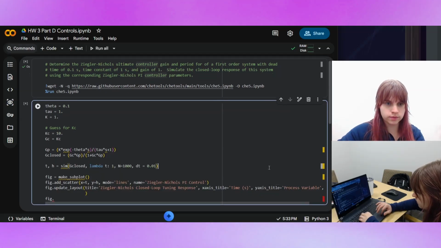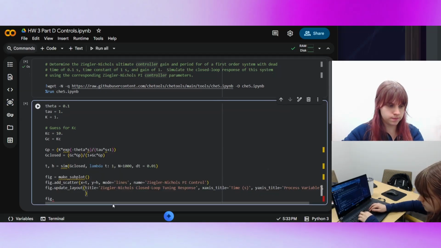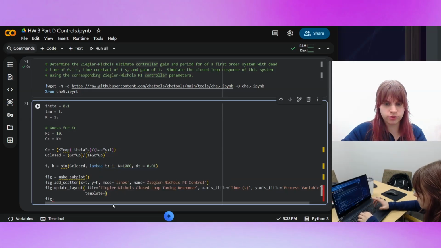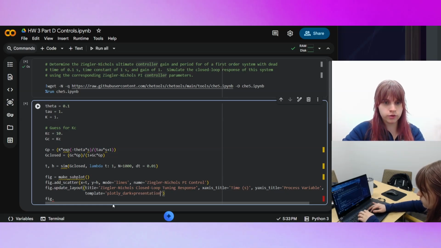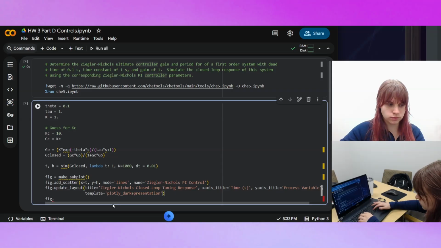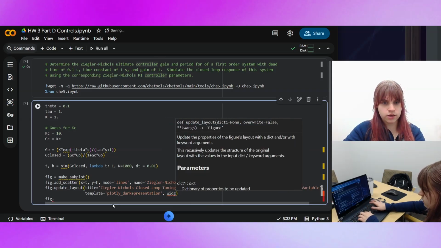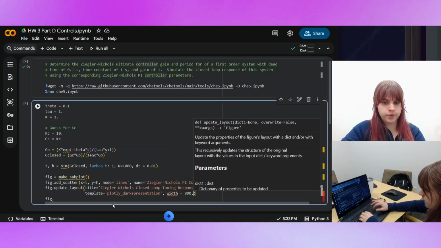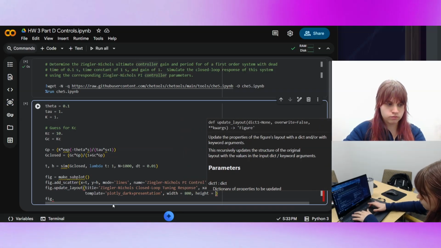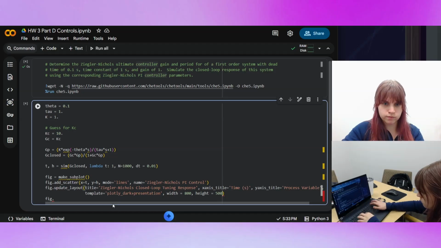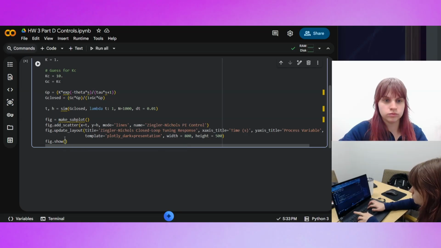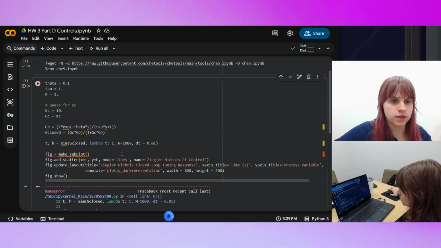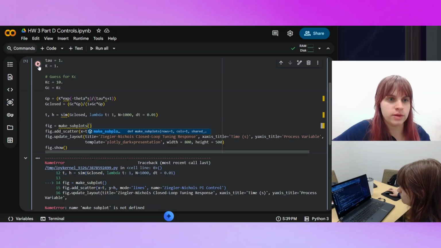I'm going to do the usual template, plotly dark plus presentation modes. And then I want to set a width and a height. And hopefully this gives us something. That should be make subplots.